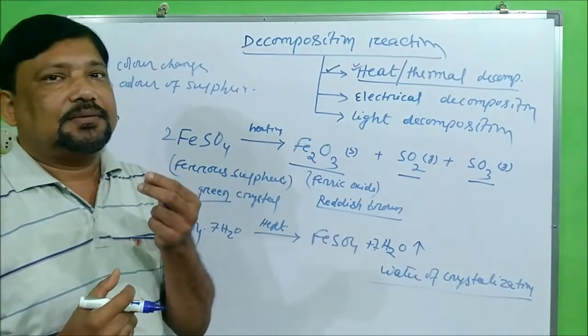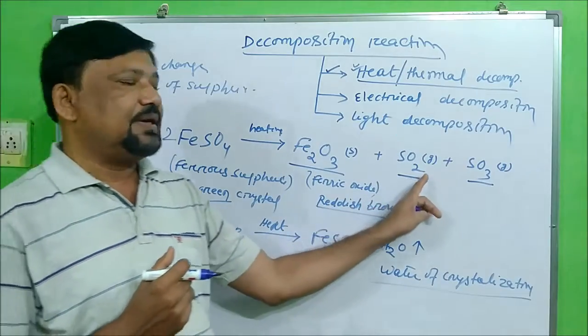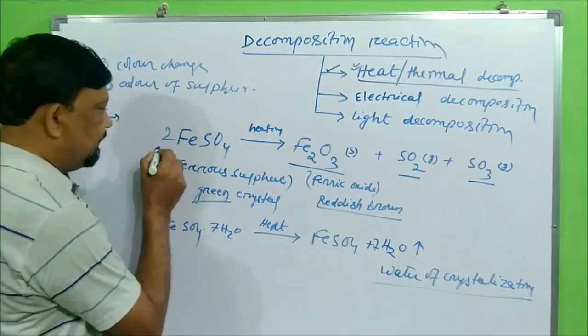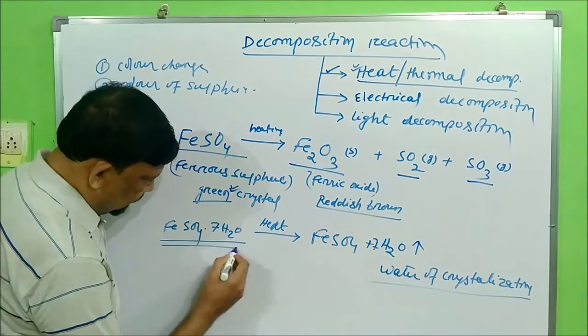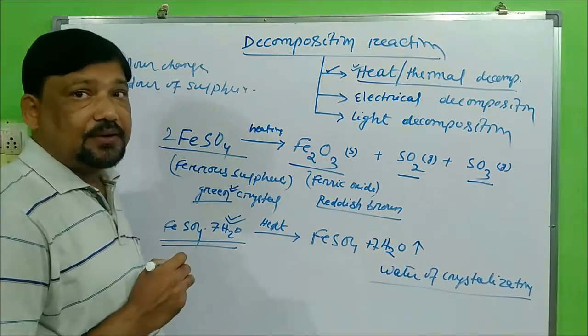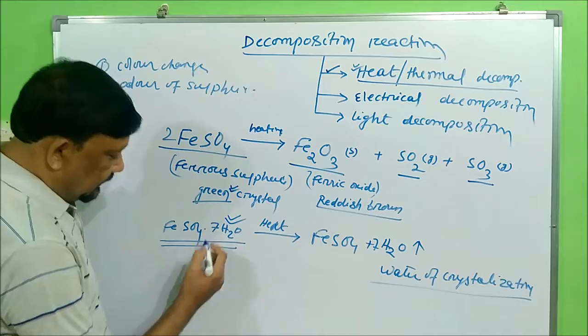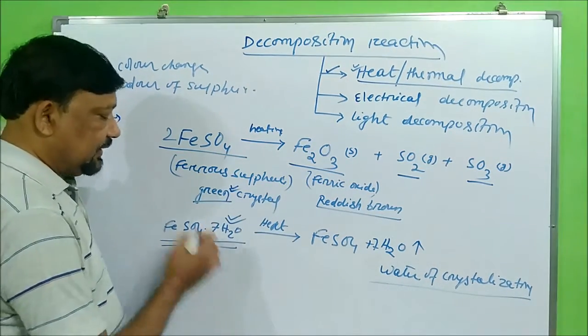If you smell the gas that is coming out from the test tube, that gives you the pungent smell of sulfur dioxide. Actually, the reaction is this: ferrous sulfate crystal contains water molecules. 7 water molecules are there with this, and this is called hydrated ferrous sulfate, or ferrous sulfate crystal.